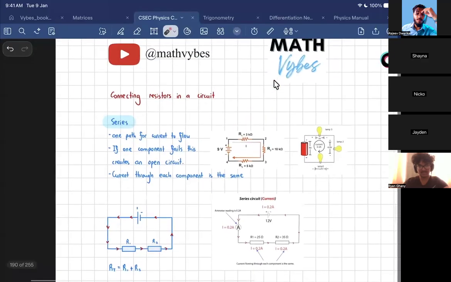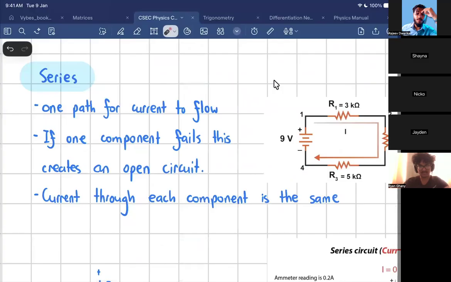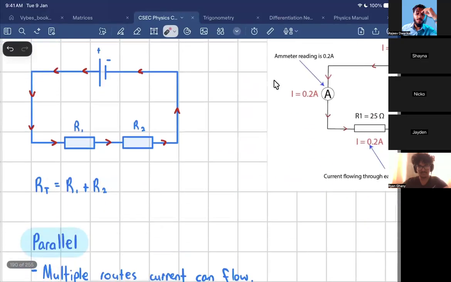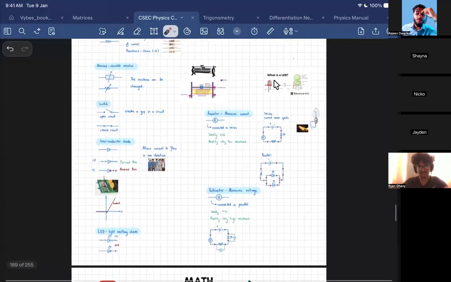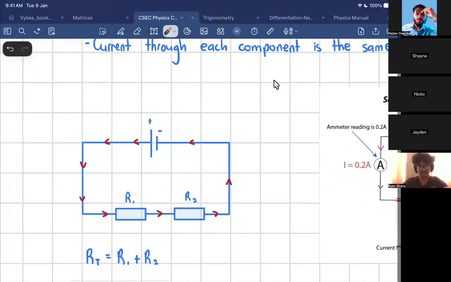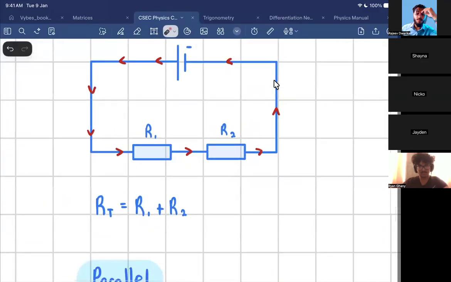Now, if you have a series circuit, there's only one path for current to flow. That's the first thing. If one component fails, this creates an open circuit. Let me explain. Ryan, if this resistor burns, what happens?